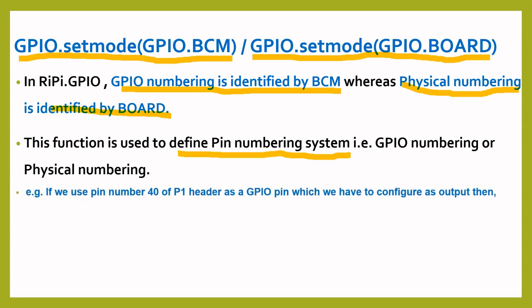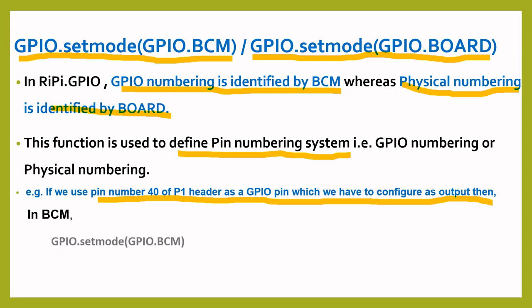Now let's start with one example. If we use pin number 40 of P1 header as a GPIO pin, we have to configure it as an output. Then how do we write it in the Python script? In BCM we have to write like this.